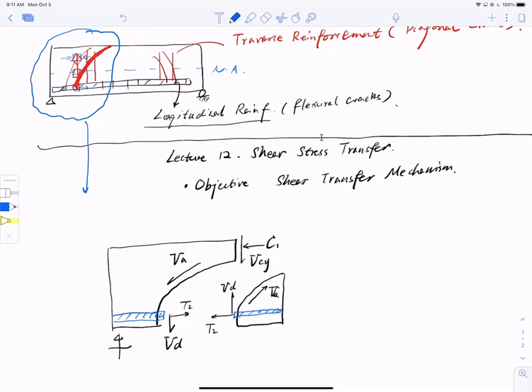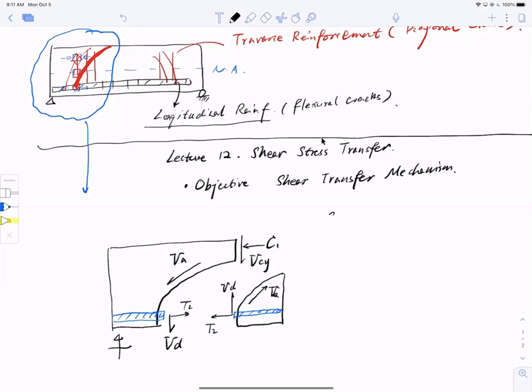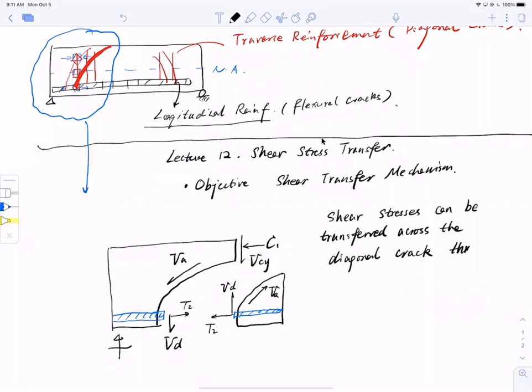Okay, all right. So let me start naming them. Based on this diagram, shear stress can be transferred across the diagonal crack through the following ways.